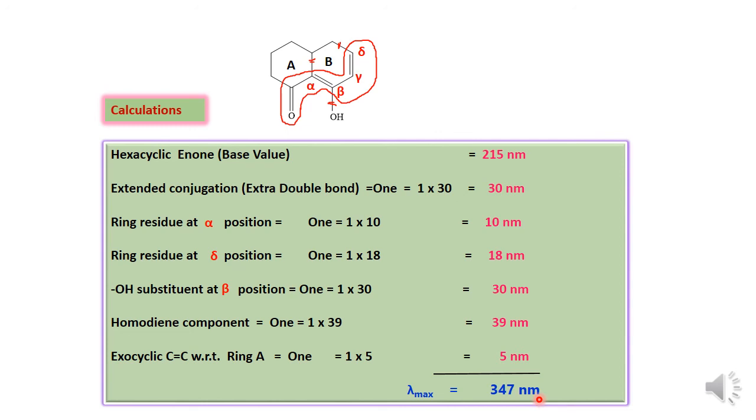I have taken here only 4 examples, 2 of dienes and 2 of enones, but there are various examples given in the books, and if you solve these example problems, it becomes very easy to solve the problems if you understand the Woodward-Fieser rules very clearly. If your concepts are clear, if you are mastering these rules, then you can easily solve any problem.